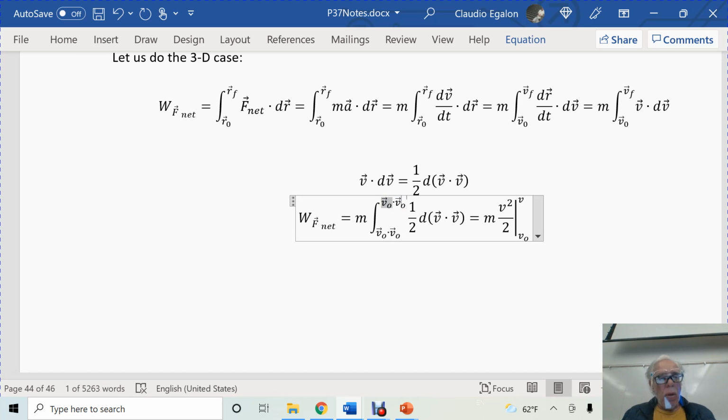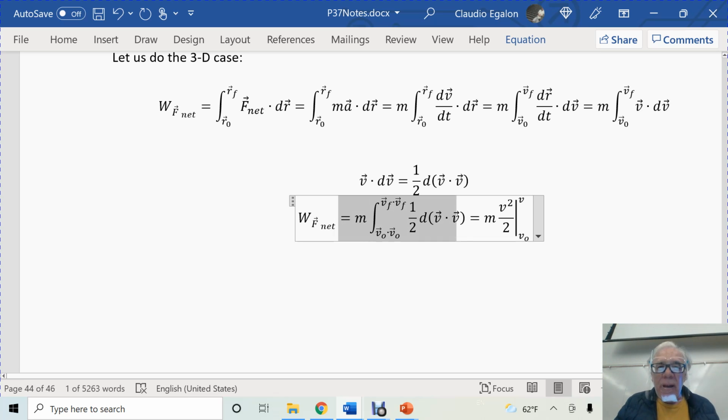Just the scalar quantity of which quantity? Of the magnitude of the vector. Is what you see here the magnitude of the vector, or is it the magnitude of the square of the vector? Right, the square of the vector. Good. So here you go.